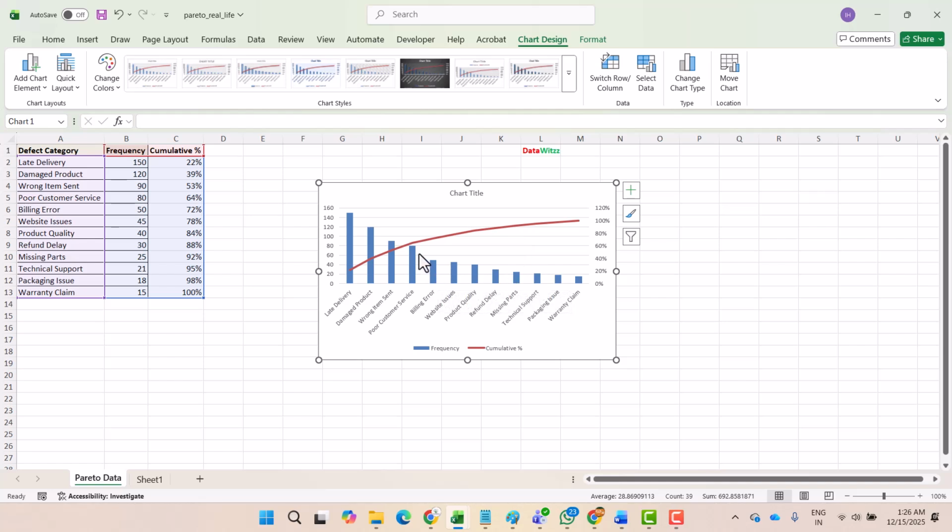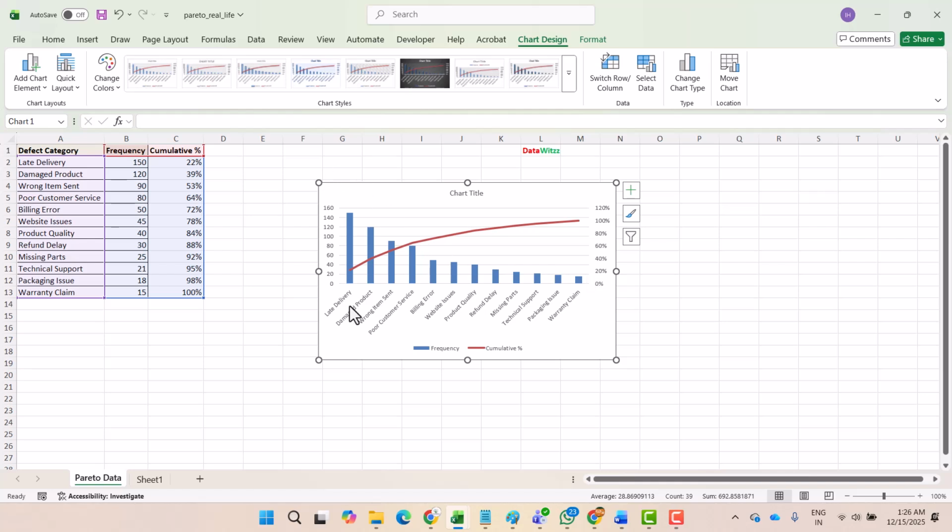Now we see here that this one is going from 0, whatever the first number was, 20%, then after it becomes 39, then it becomes further and further. So if we keep a target like 80, we can understand that these 5 are the major concern causing 80% of the problems, while the remaining 7 have an impact of just 20%.